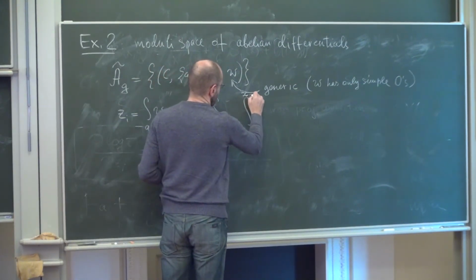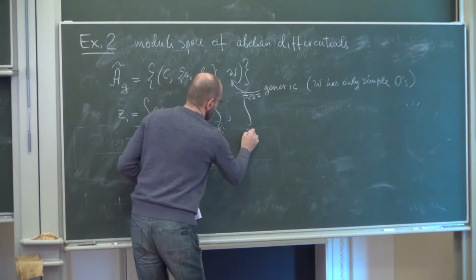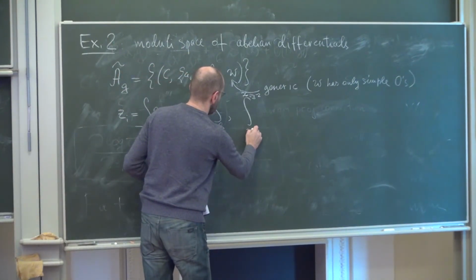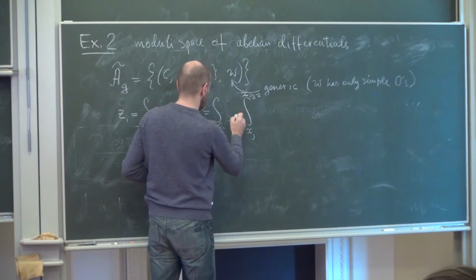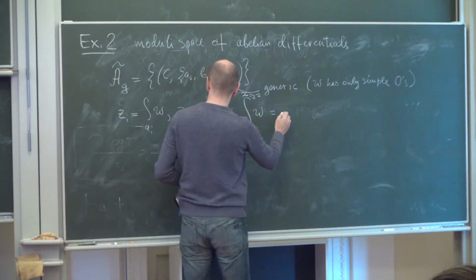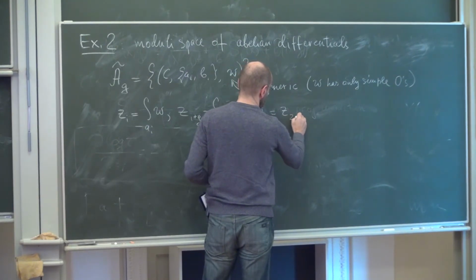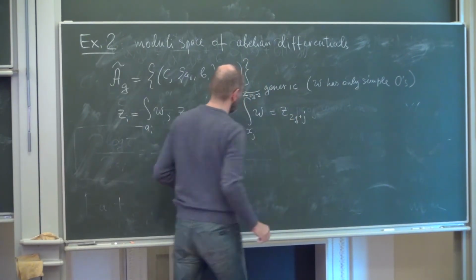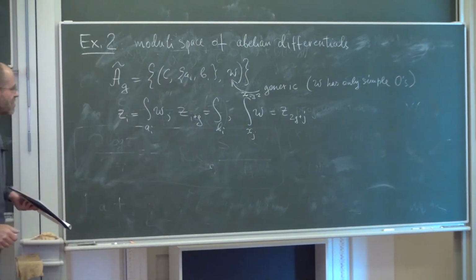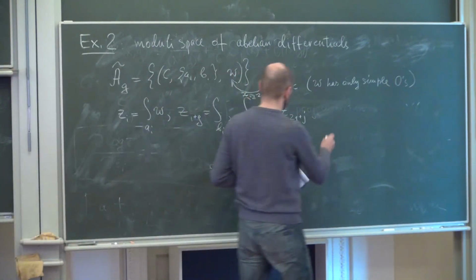So the last one is x 2g minus 2. That's x j, and this is z 2g plus j. So we get 4g minus 3 coordinates altogether, as it should be, and these are local coordinates on A tilde.